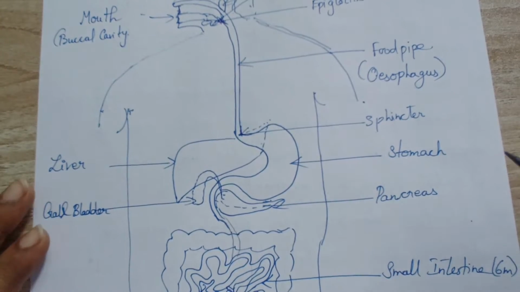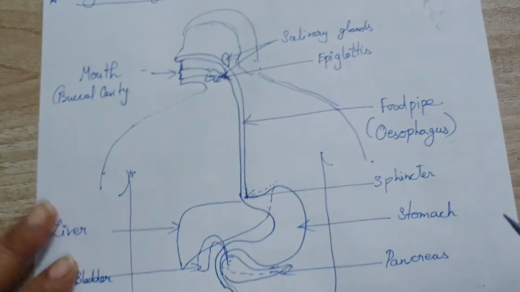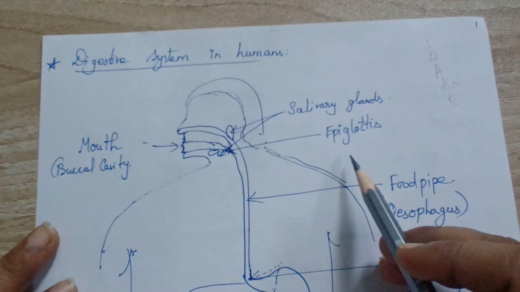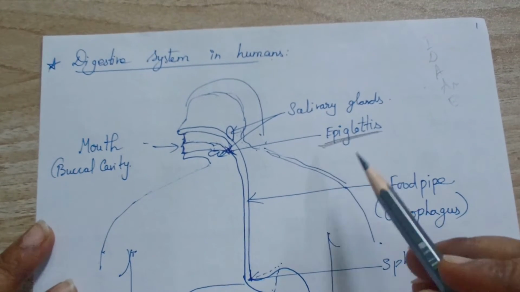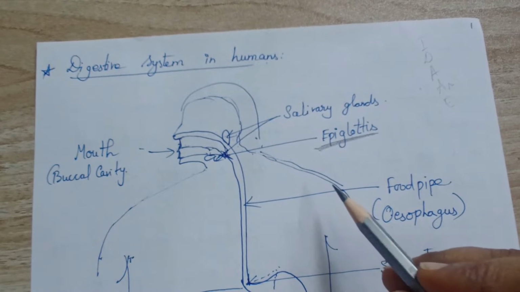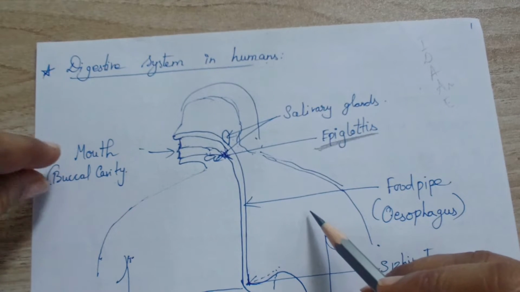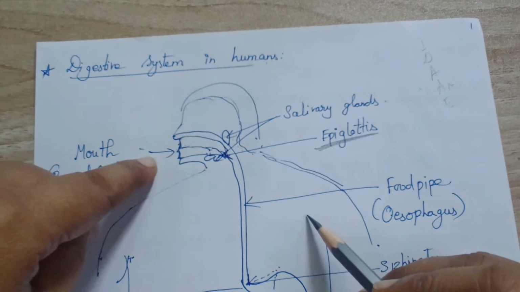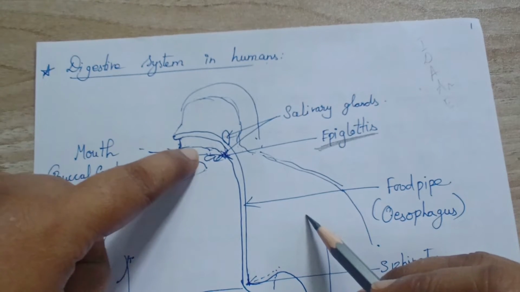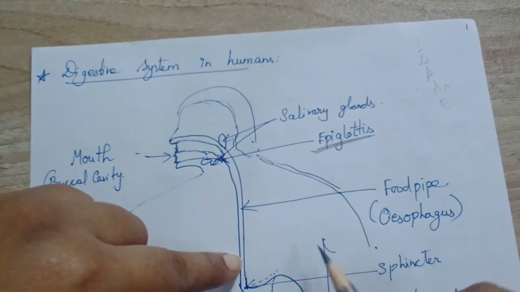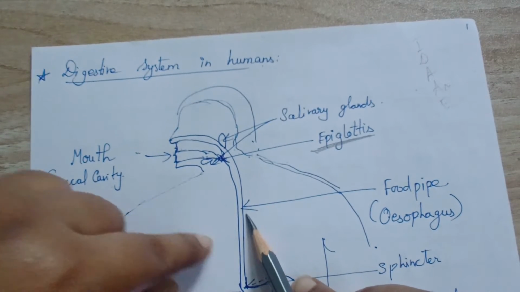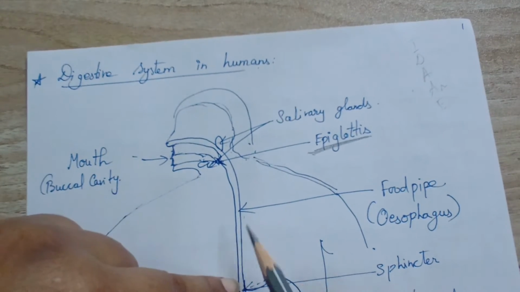To start with, we have one more word here, epiglottis. Epiglottis is nothing but a valve-like structure. We are taking the food inside the mouth, right? I have drawn here only the food pipe, but here you will have the windpipe also.